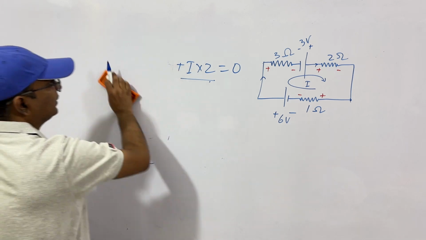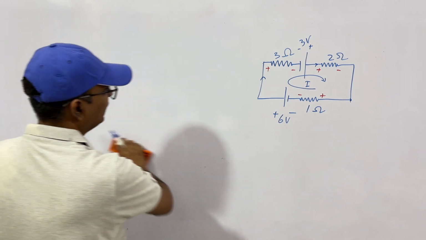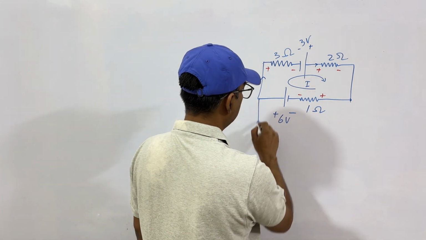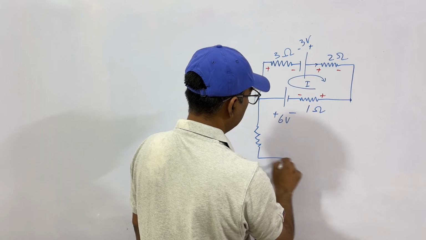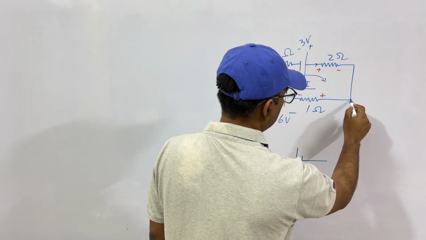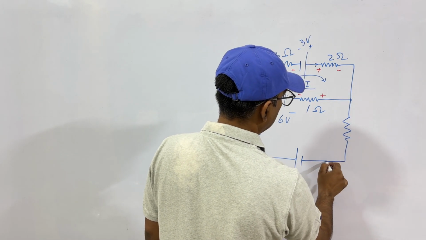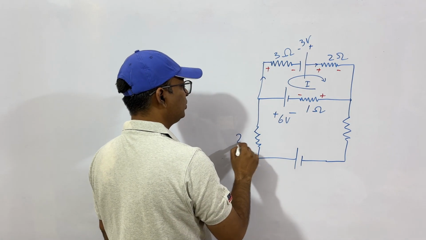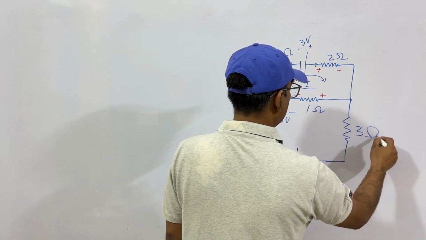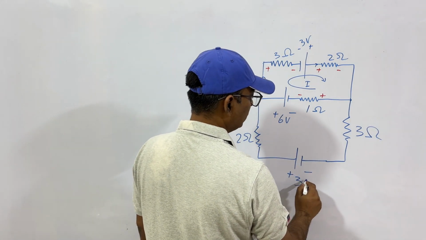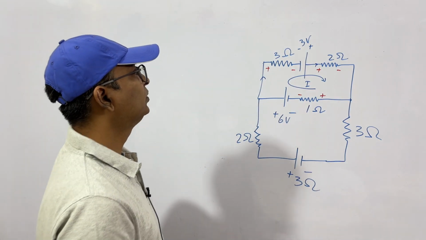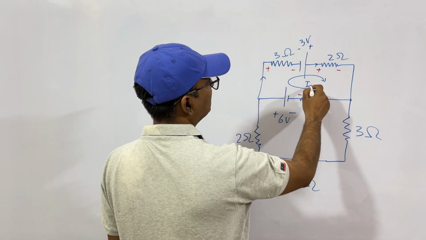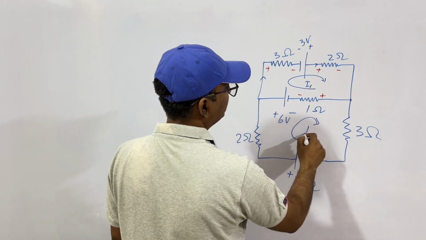Now let's solve another example. Let's put another loop here. Let this be 2 ohms, this be 3 ohms, and this be 3 ohms. I told you we'll take two different loops. This is I1 and this is I2.